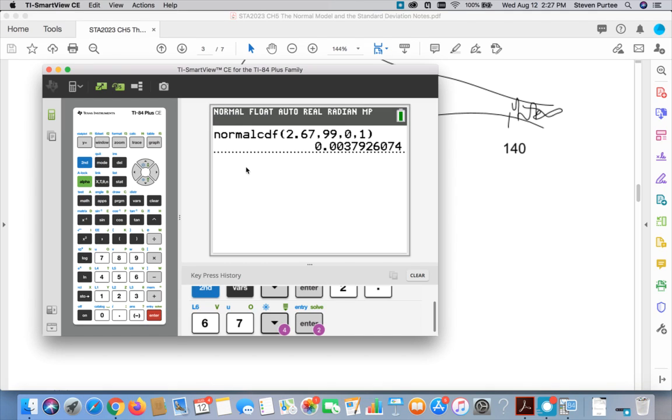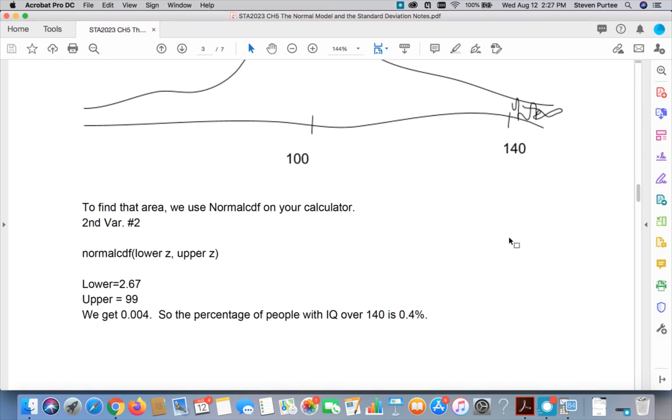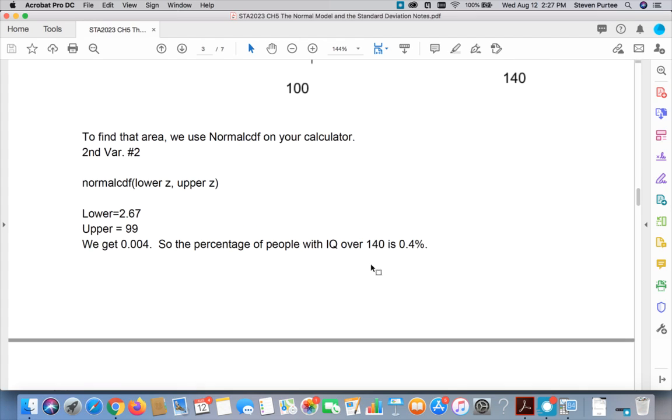Now, if your screen looked different from that, if, when you went to second distribution, normal CDF, just something that looks like this popped up on the screen, you would just type 2.67, comma, right there, 99, and then hit enter. Check that on your own right now. You should get this number. That is the probability of being above 140, of having a z-score bigger than 2.67.